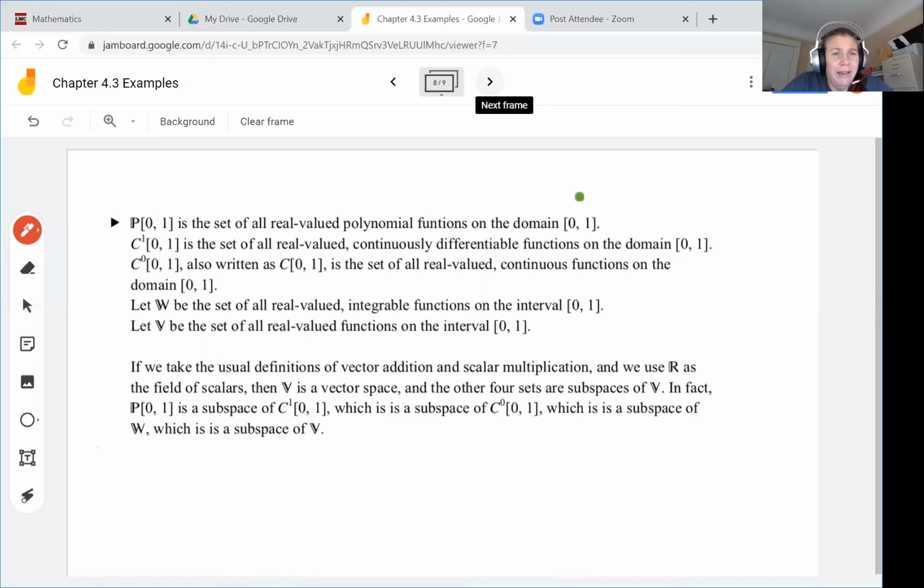And then C to the 0 superscript of that interval 0, 1 is also sometimes written as C of the interval 0, 1, and that's the set of all real valued continuous functions on the domain 0, 1. So the difference is when we say C with a 1 up there, those are continuously differentiable.